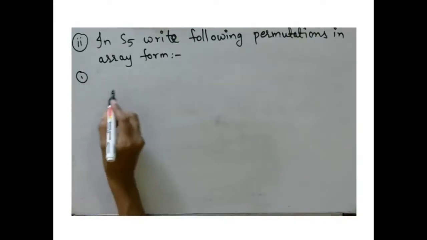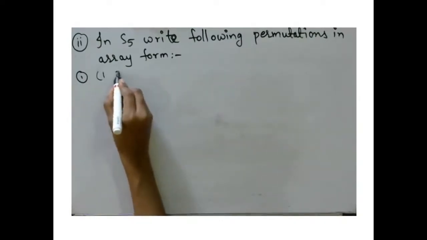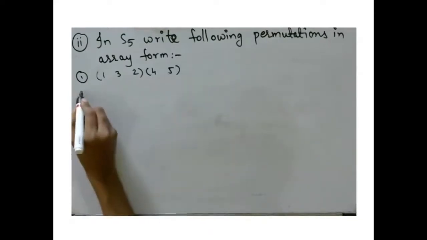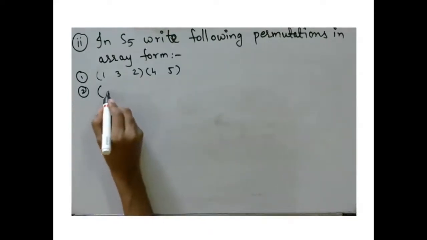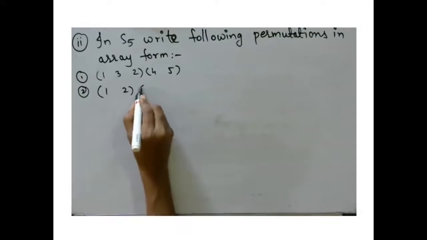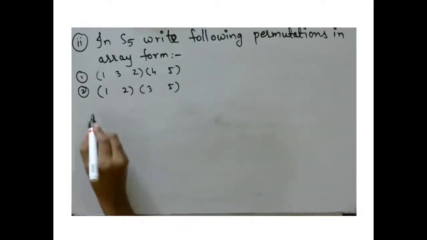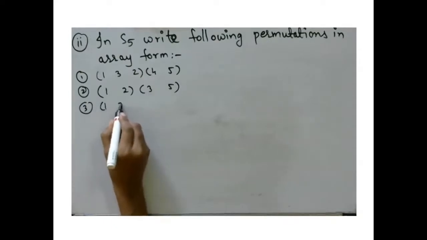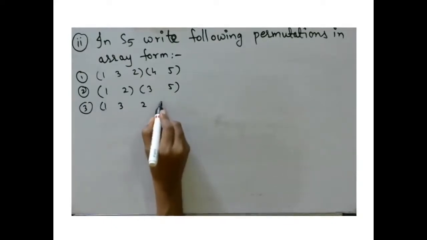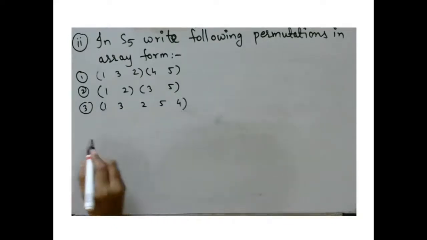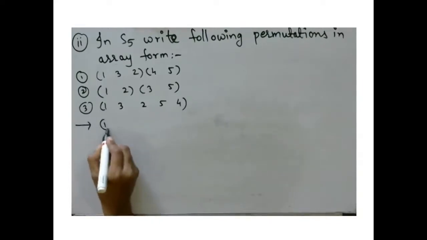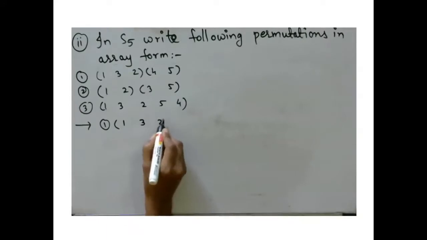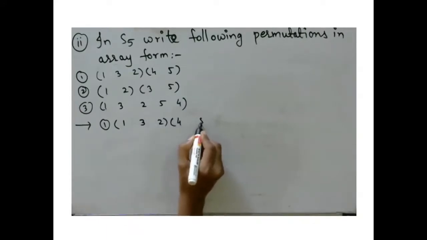The first one is (1, 3, 2, 4, 5). Second, (1, 2, 3, 5). And the third one is (1, 3, 2, 5, 4). Let me do the first one, and the remaining two you can do by yourself and see if you have understood the method or not.